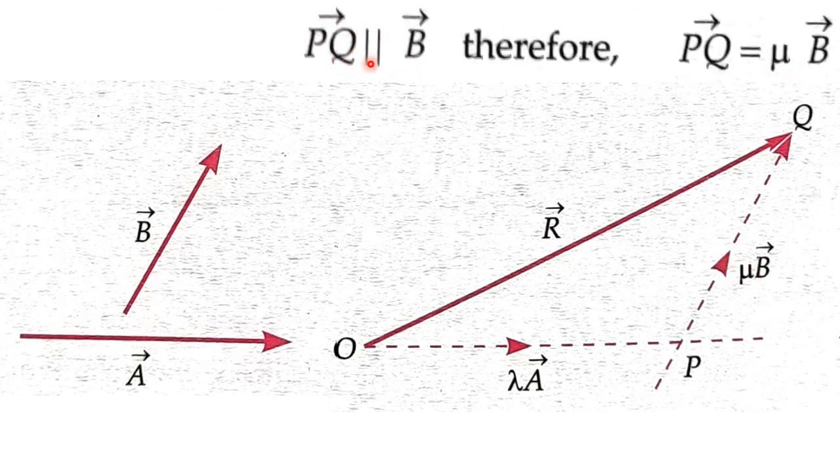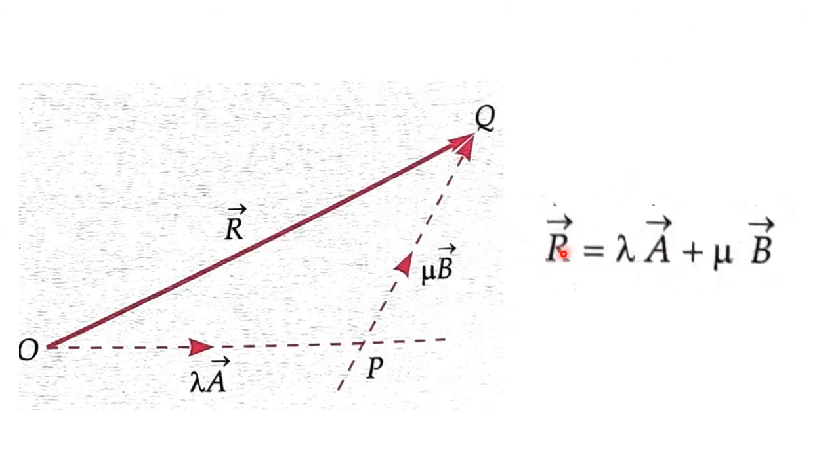So since PQ is parallel to your B vector, therefore PQ equals mu B. Fine. Therefore, what I can do is I can write my resultant vector in terms of this vector lambda A bar and in terms of this vector mu B bar.